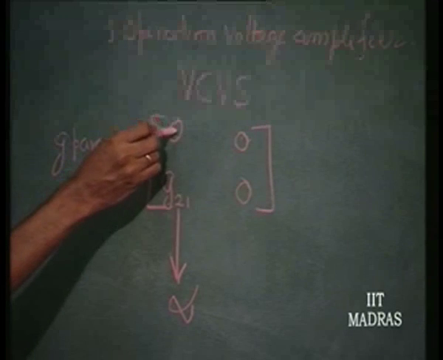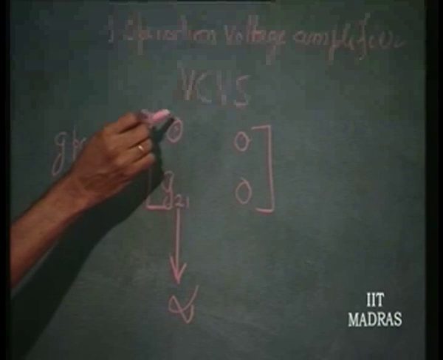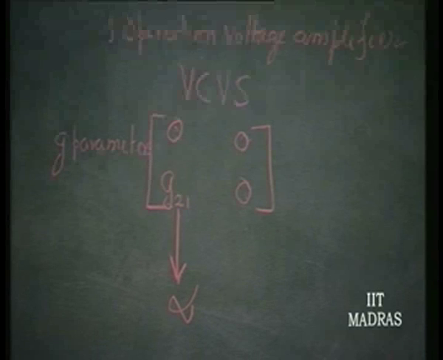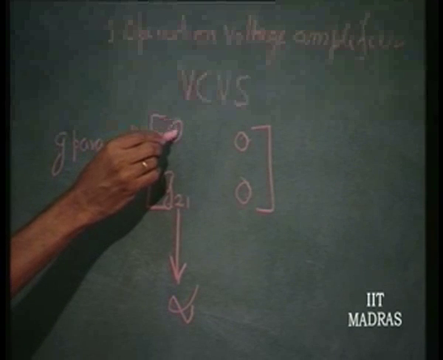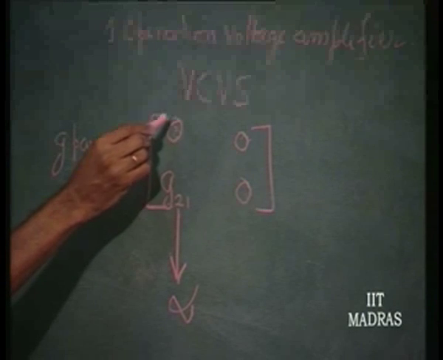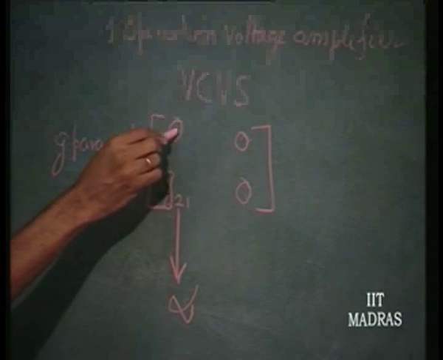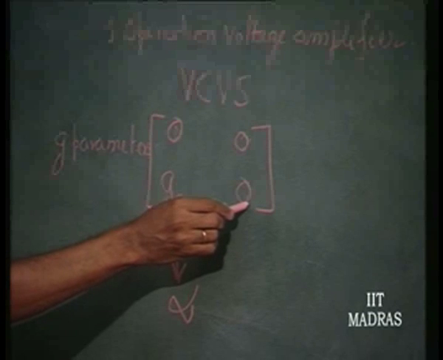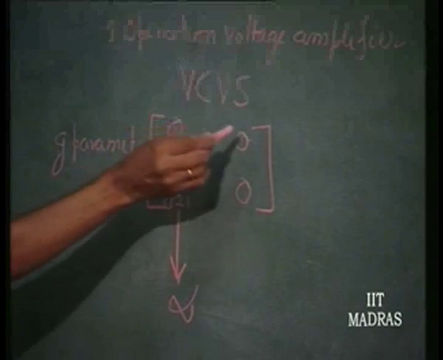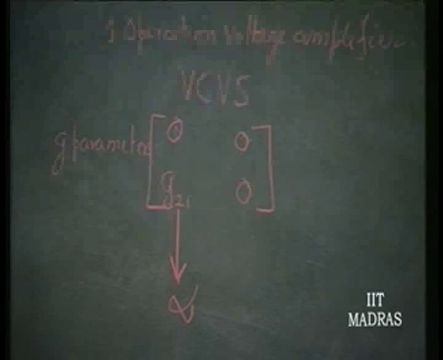So, immitance, input self immitance, this is output self immitance. In this particular case, it is G parameter here. So, it will be conductance or admittance, and this will be resistance or impedance. So, this is made to go towards 0.